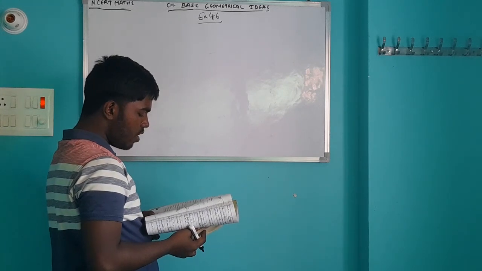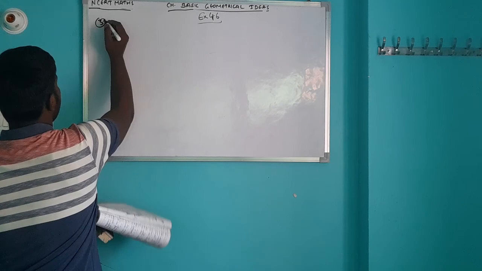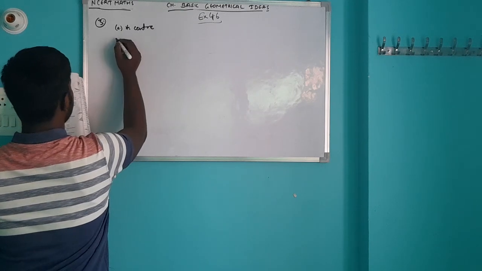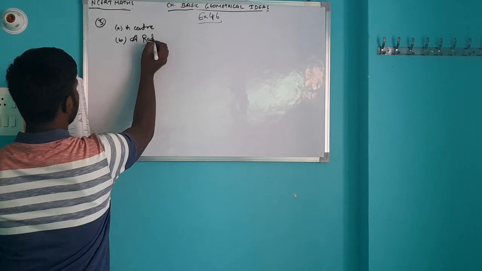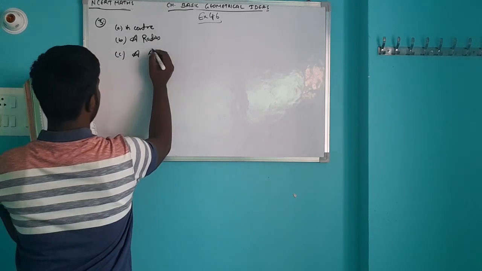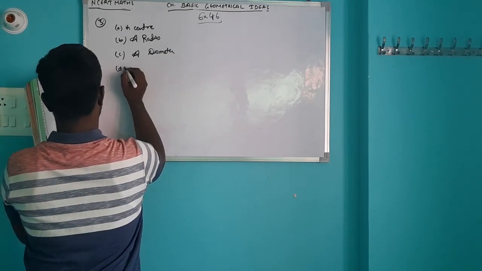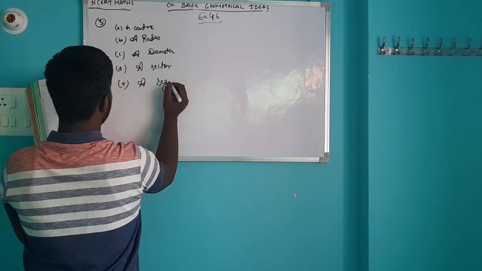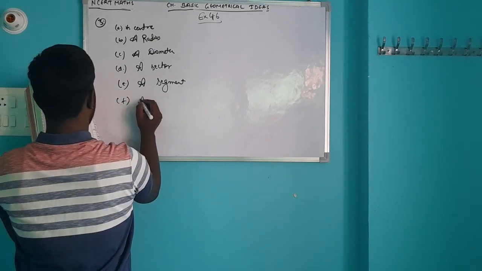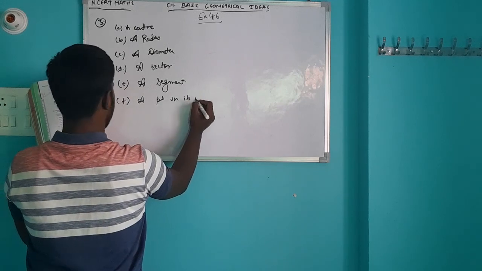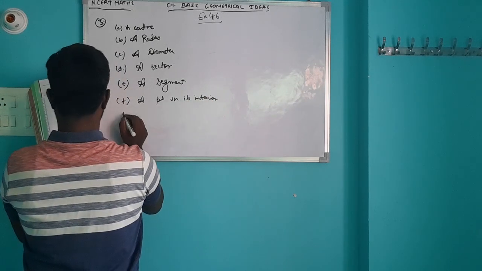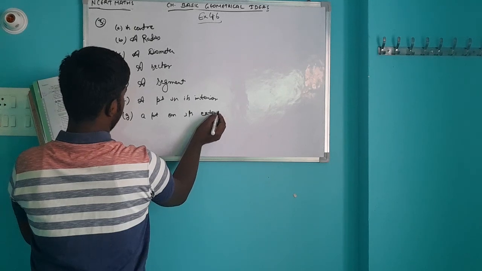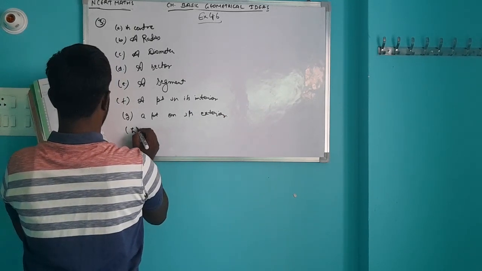In third question we have draw any circle and mark. In third question again we need to draw a circle and mark a point, its center, a radius, a diameter, a sector, a segment, a point in its interior, a point on its exterior, and an arc.